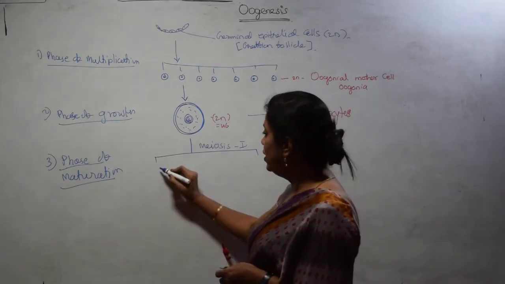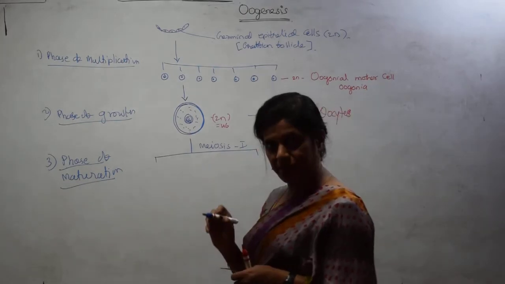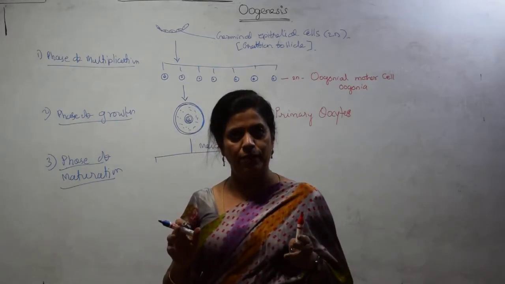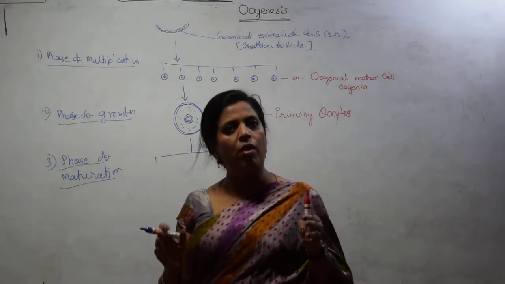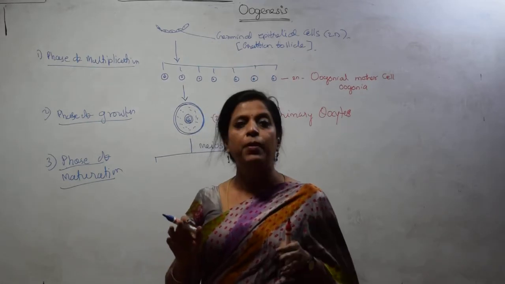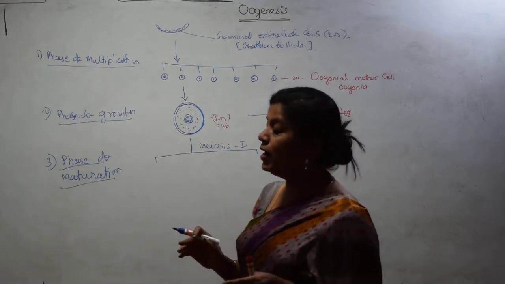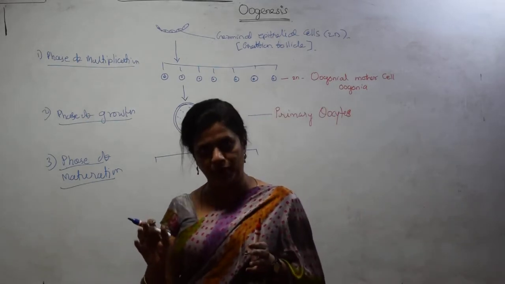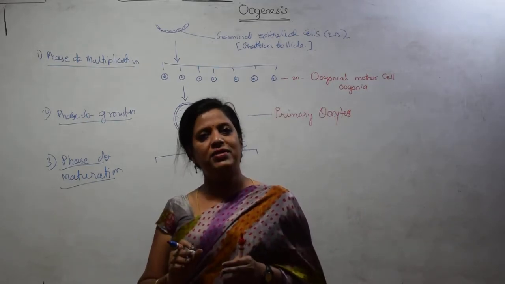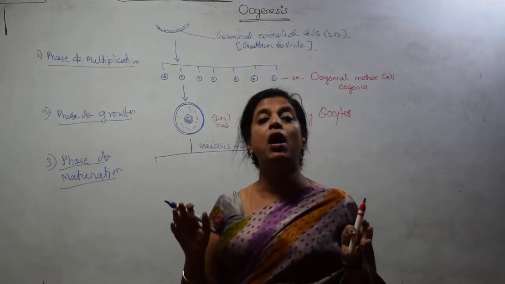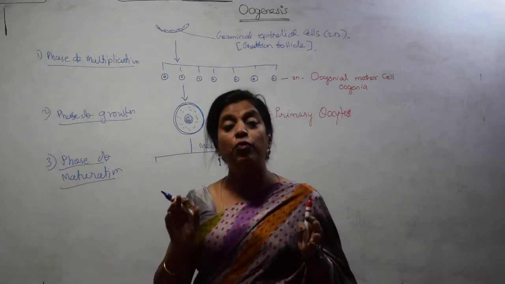They undergo reductional division. But remember one thing: during meiosis 1, two cells are formed that are haploid. During karyokinesis, haploid condition is brought, having two haploid nuclei. But during cytokinesis, the division of the cytoplasm, the division becomes unequal. Why?